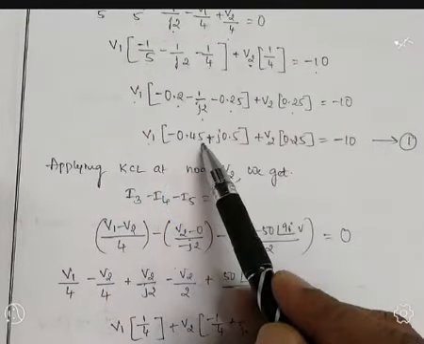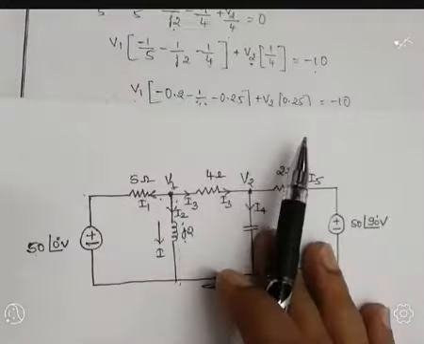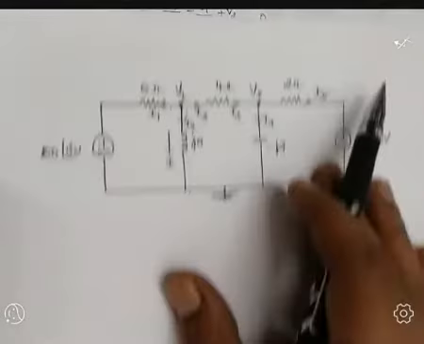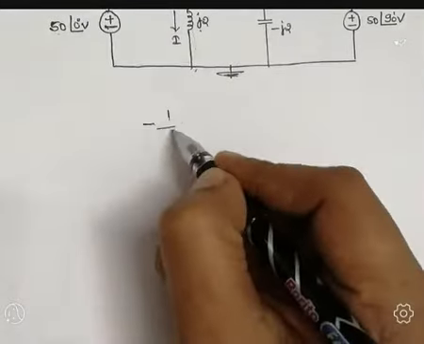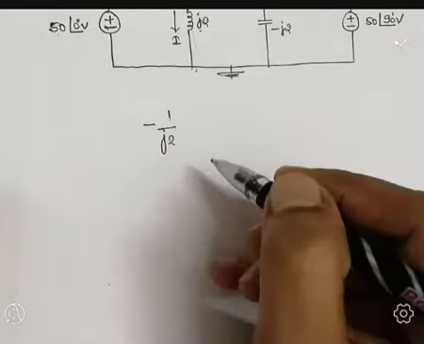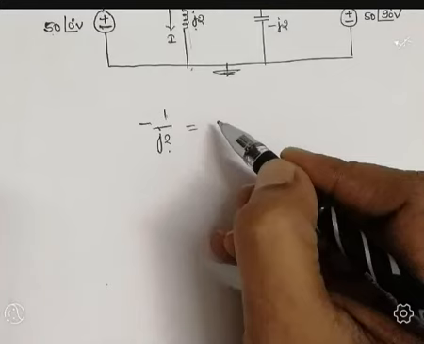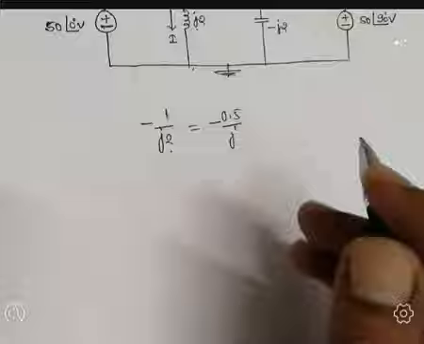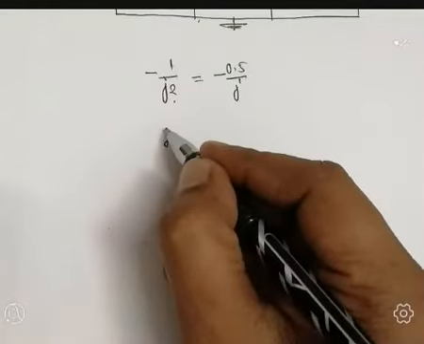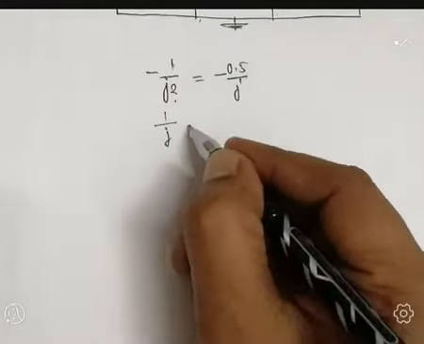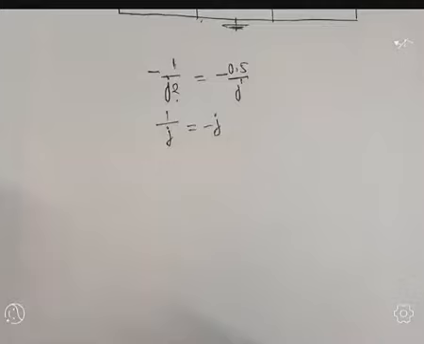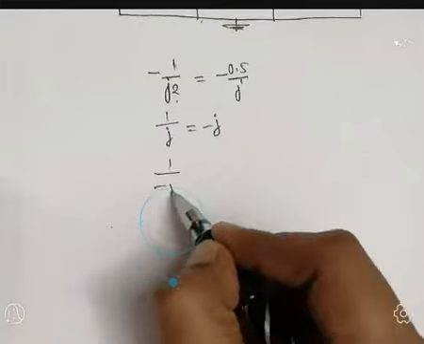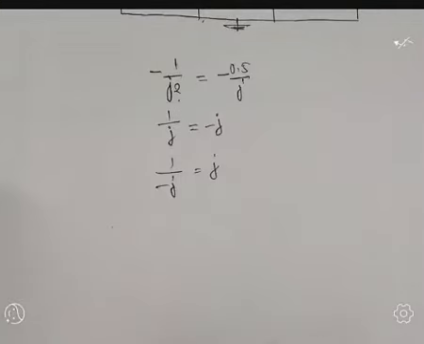This value I am simplifying. Minus 1 divided by j2: 1 by 2, we can write minus 0.5 divided by j. Already we discussed many times, 1 divided by j we can write as minus j, and 1 divided by minus j we can write as j. This point you have to remember.